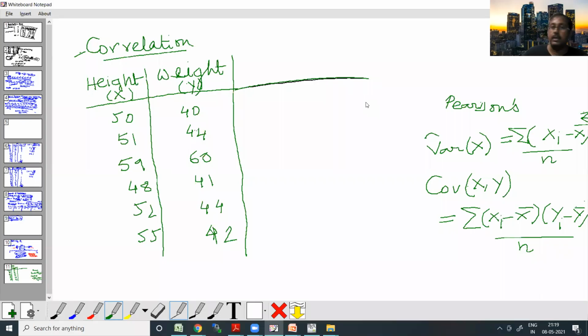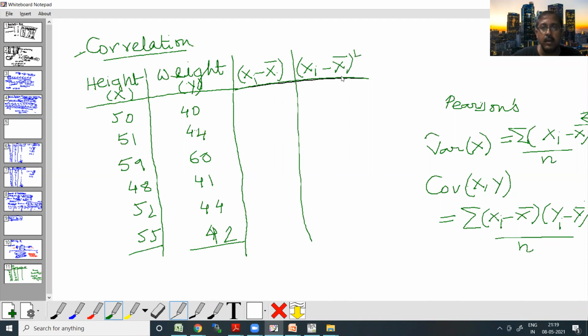So how do we calculate that? Again, using the same way. Here I have to find out xi minus x bar, so first I have to calculate the x bar. What is x bar? We have to find out. What is y bar? We have to find out. And then xi minus x bar, we do a xi minus x bar square, and then do a summation of that.